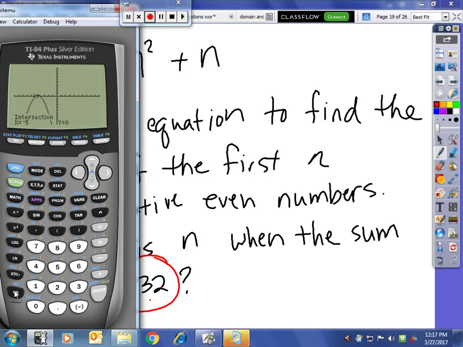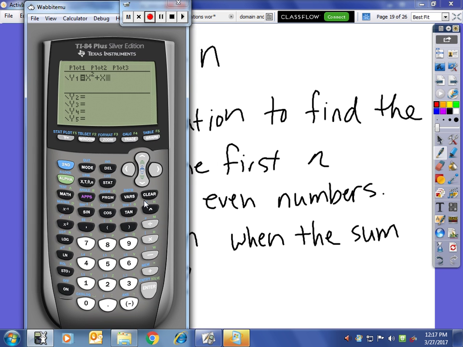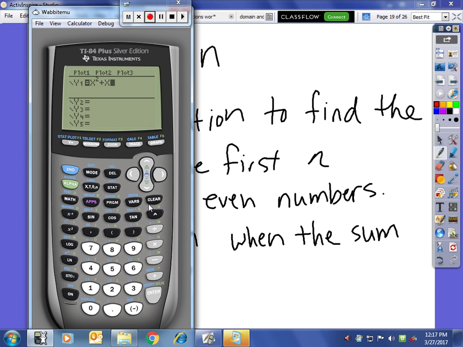We know the equation, so let's go to y equals and put the equation in. Y equals x squared plus x, basically, right? Now, we're trying to see when that function is going to equal 132. There's lots of ways to do it. We could turn it into a zeros problem. We could set it equal to 132 and see where they intersected.